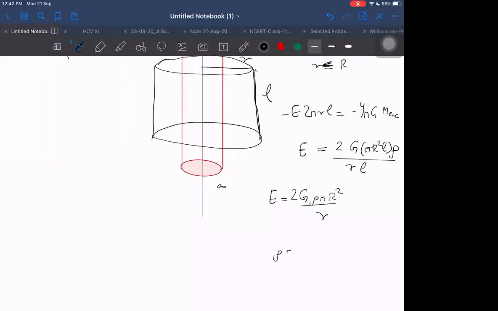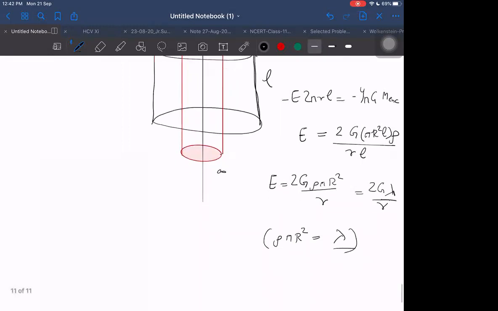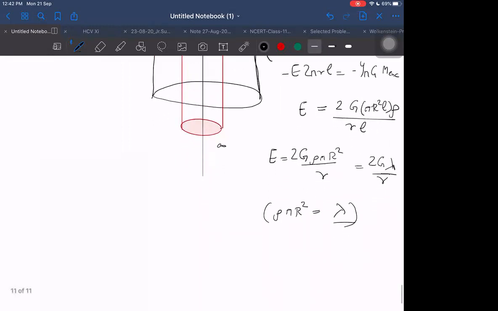Because rho into pi R square is actually equal to mass per unit length, that is lambda. So it is the same as before, 2G lambda by r, no difference at all. Same formula in terms of lambda. But I want the inside point. This was for the outside point. Now for the inside point.